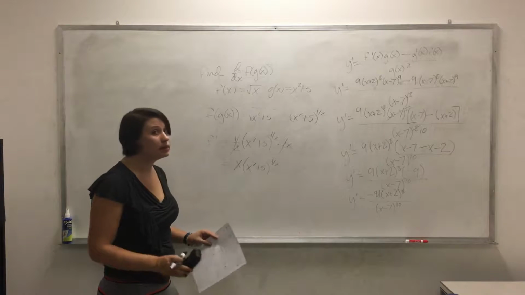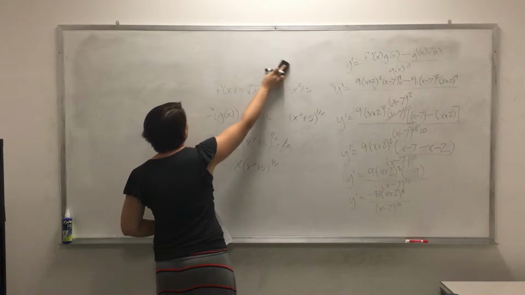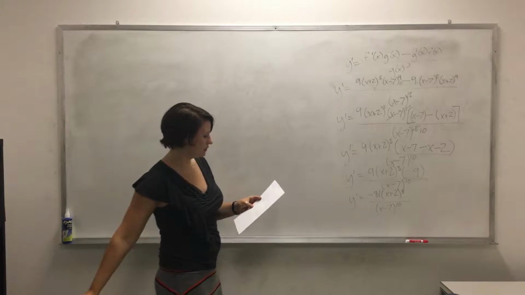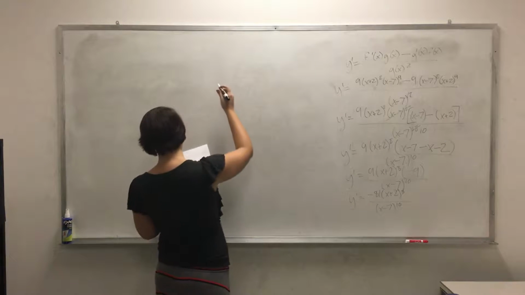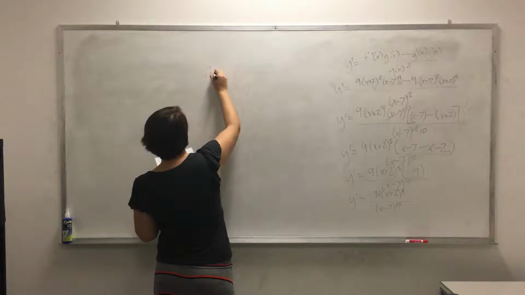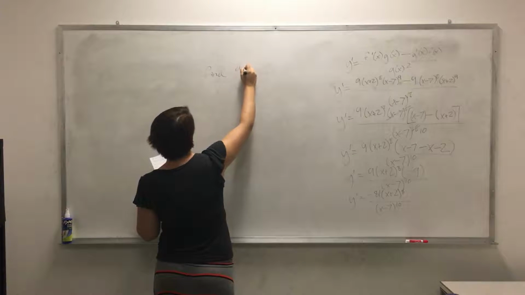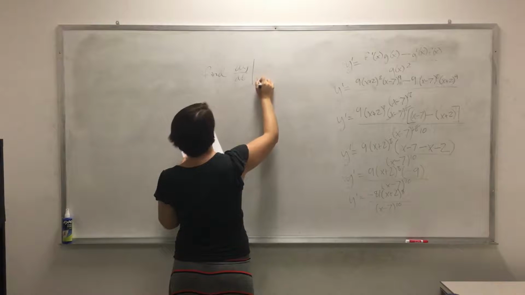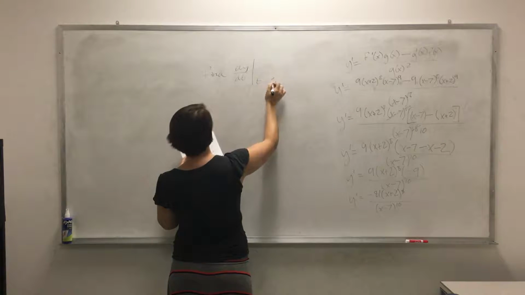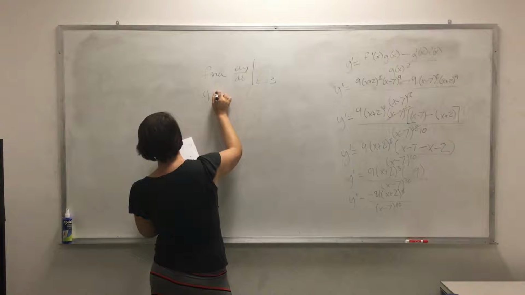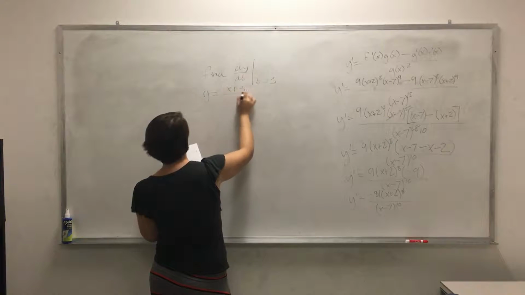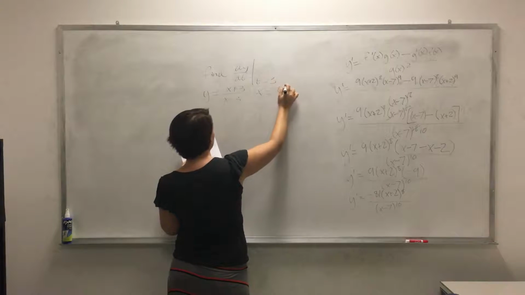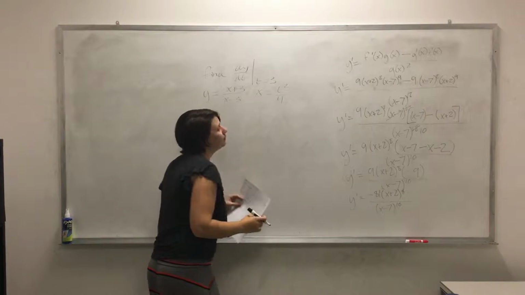Next is another problem like this one, another chain rule type. So if we are given that we need to find dy dt at t equals 3, when we have y equals x plus 3 over x minus 3, then x is equal to t squared over 4.